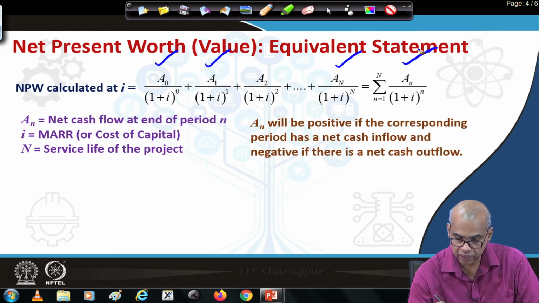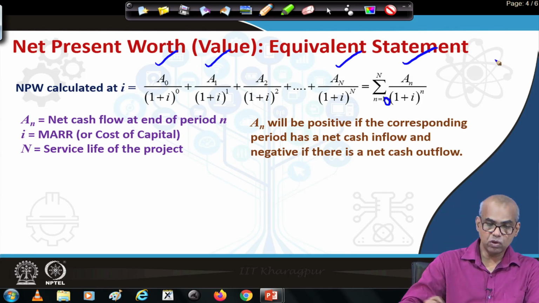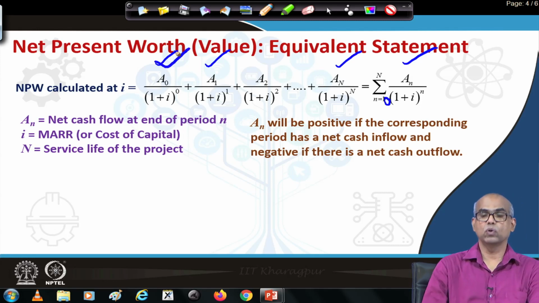It should be actually n equal to 0 to capital N, because we are also including A0.